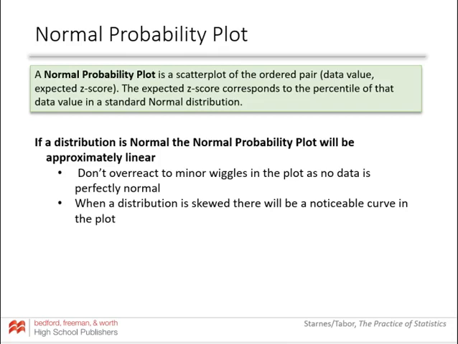What we're looking for is for it to be a straight line. Again, not going to be perfect, but if it's roughly linear, then that's another indication that our data is approximately normal. So here are 2 examples.